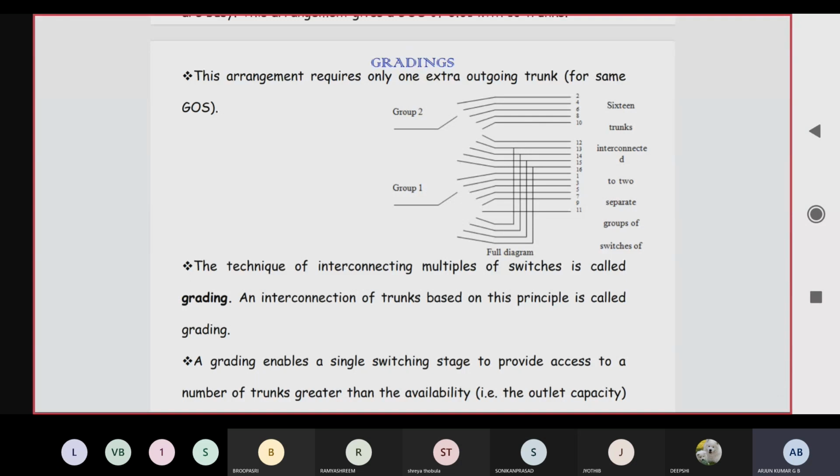Similarly for group 2, 6 trunk lines are fully available for group 2 customers. Another 4 of group 1 and another 4 of group 2 are common and interconnected. These 4 lines are common for group 1 and group 2.